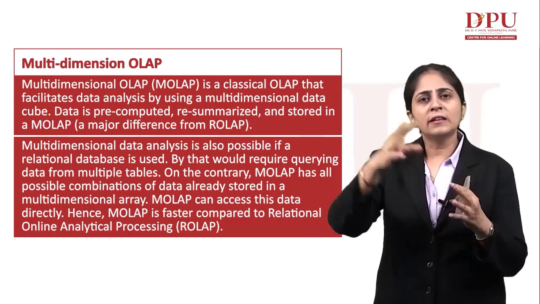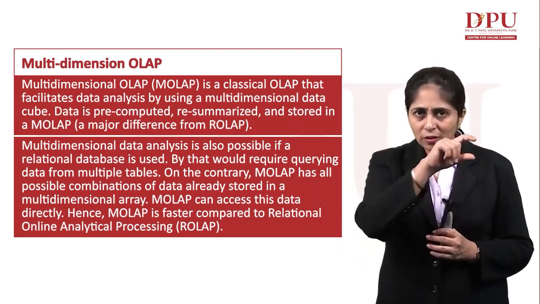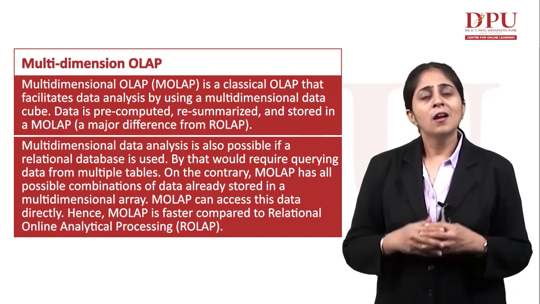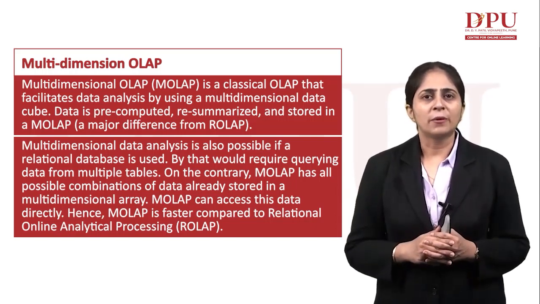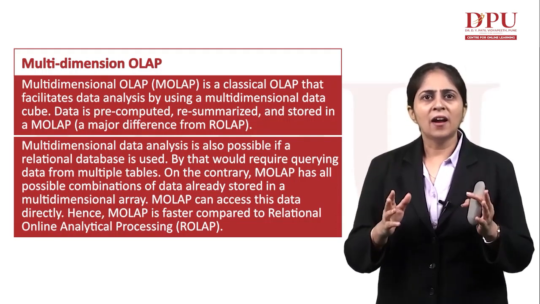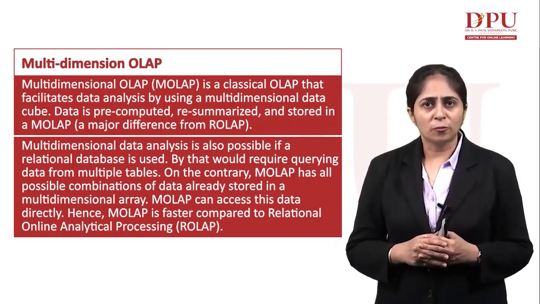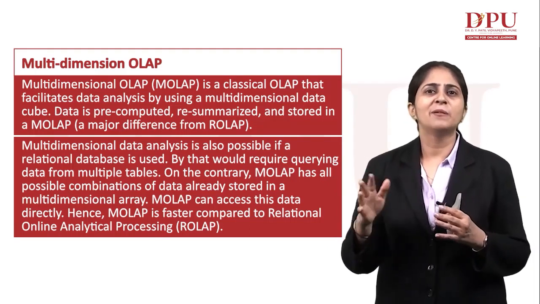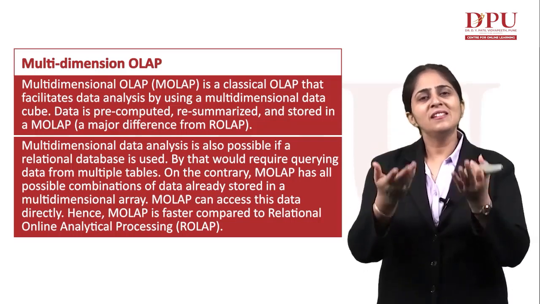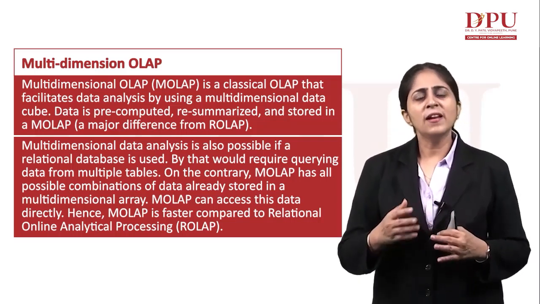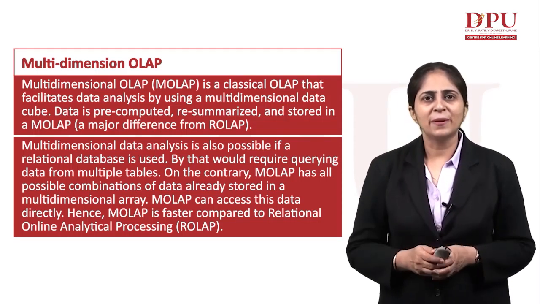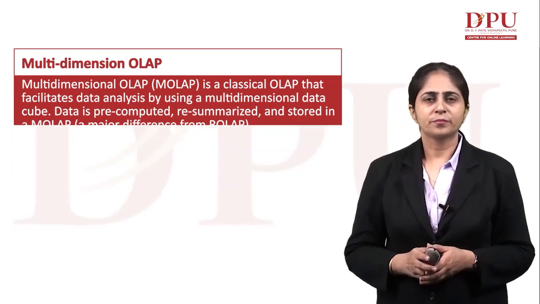That would require connecting all these tables together to gain a particular record. But in MOLAP, that does not happen. We already have all possible combinations of data stored in the multidimensional array, so they can be easily referred. That is why MOLAP is faster compared to our ROLAP.